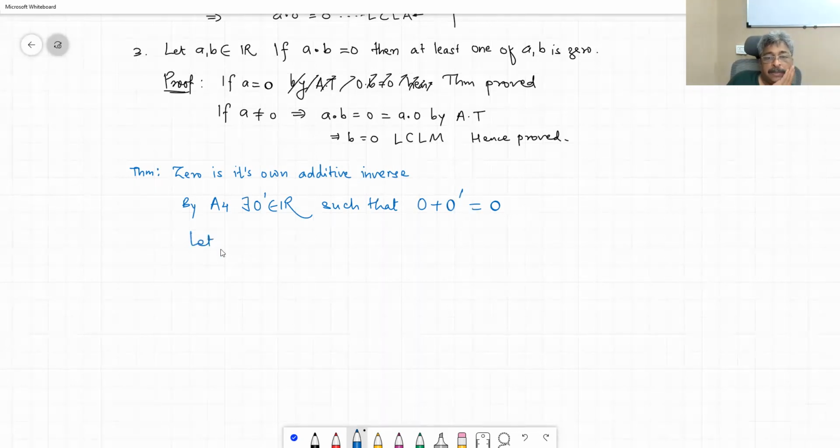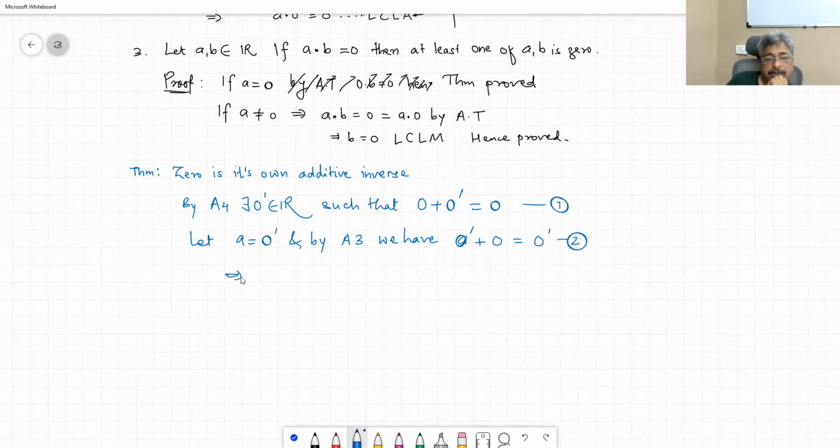Let a be equal to 0 dash, and by A3 we have a plus 0 is equal to a, therefore 0 dash plus 0 is equal to 0 dash. This implies 0 is equal to 0 dash.